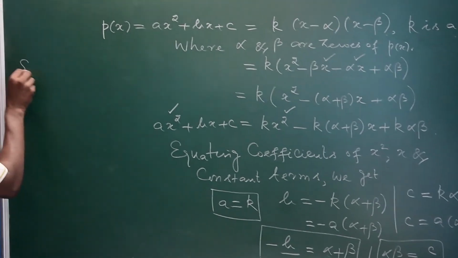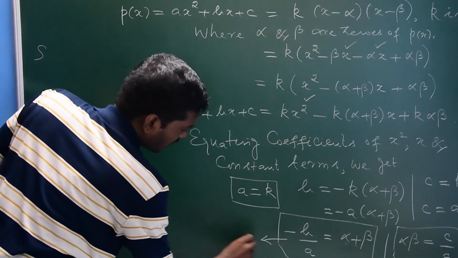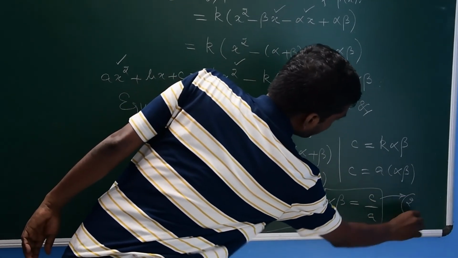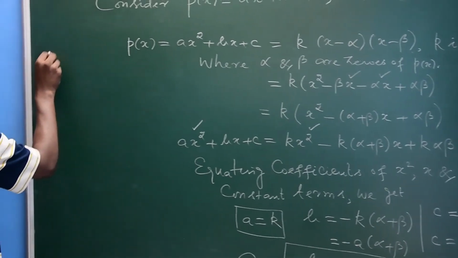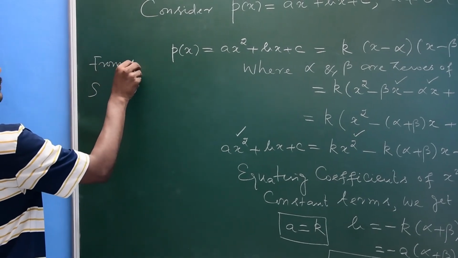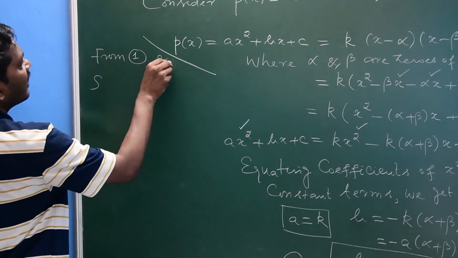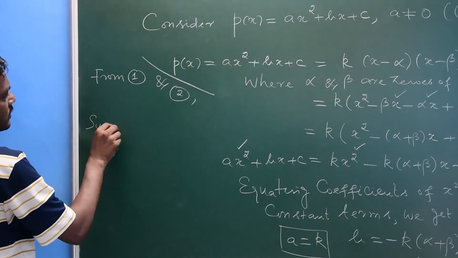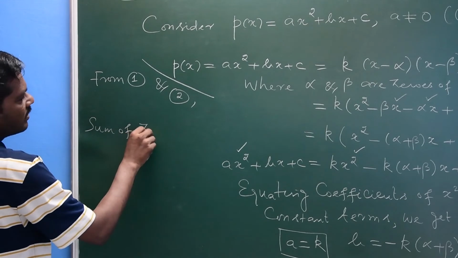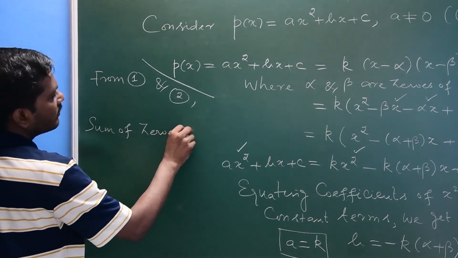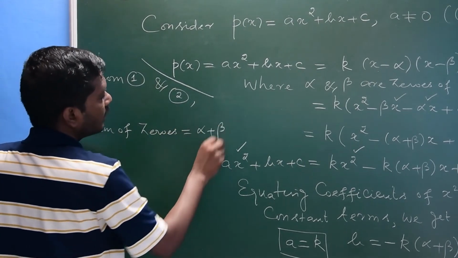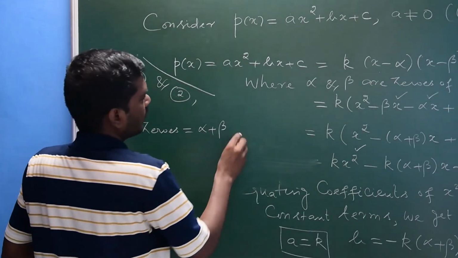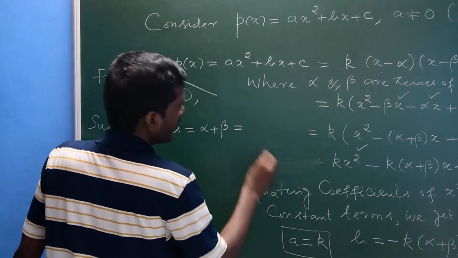So sum of the zeros. You call this 1 and you call this 2. So from 1 and 2, the sum of the zeros, which is alpha plus beta, is equal to minus b by a.